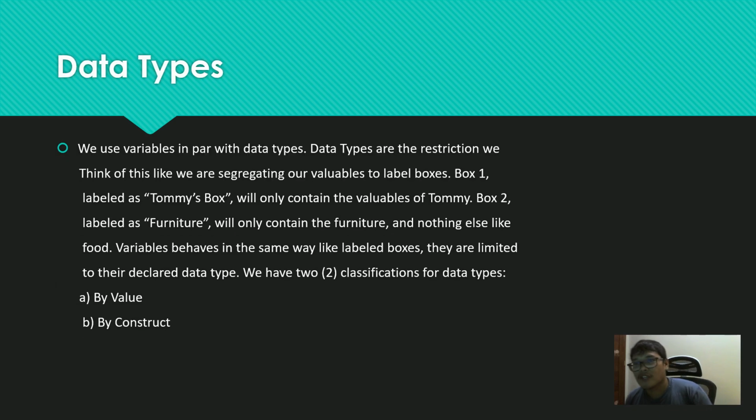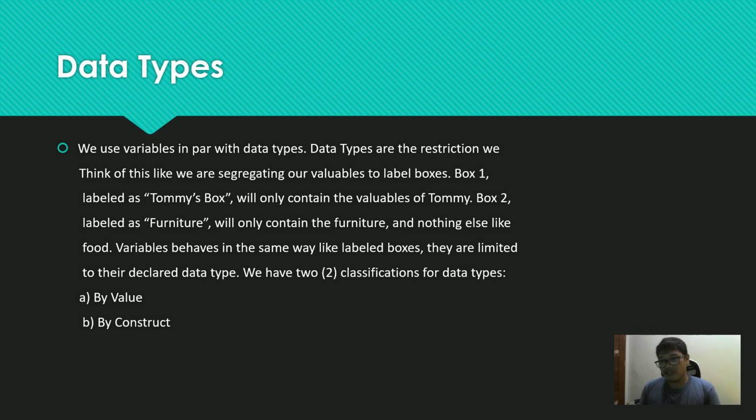Okay. Next is data types. In data types, we use variables paired with data types. Data types are restrictions. Think of this like we are segregating our variables into two labeled boxes.